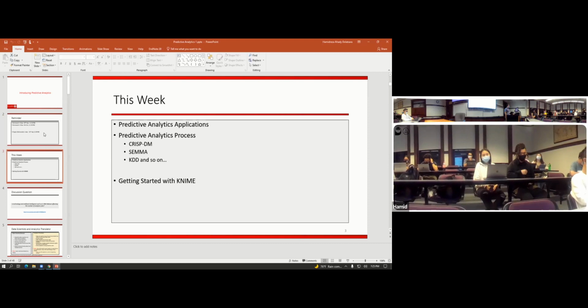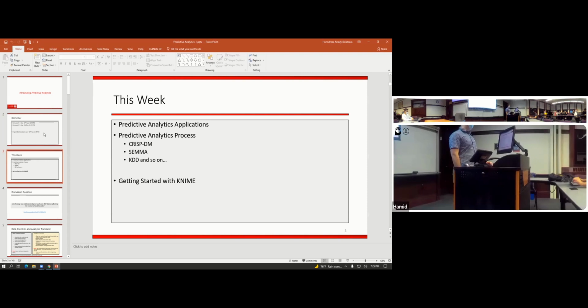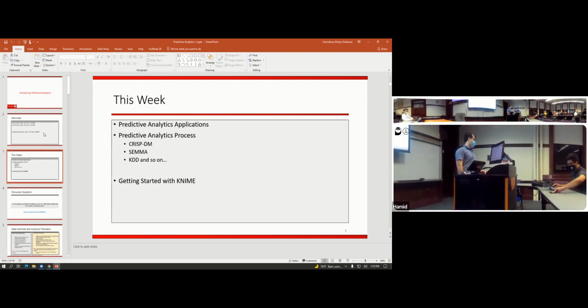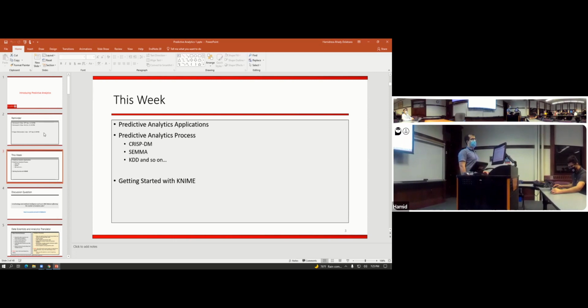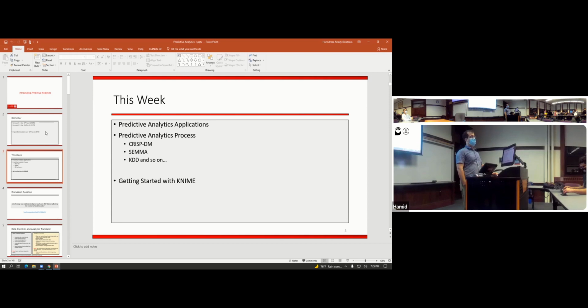Okay, this week I start talking about predictive analytics and its application. We go over some data mining standards, and most likely next class we start working with KNIME. For predictive analytics, I teach KNIME in this class.